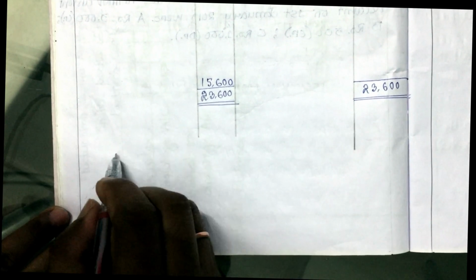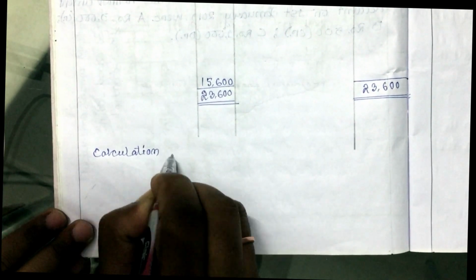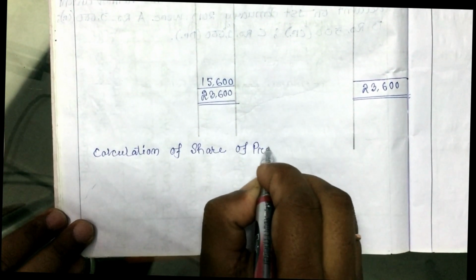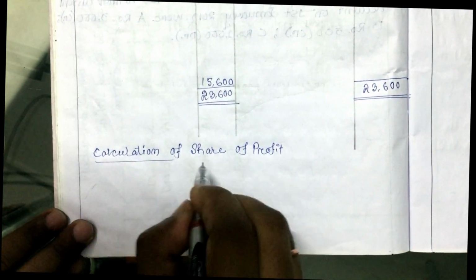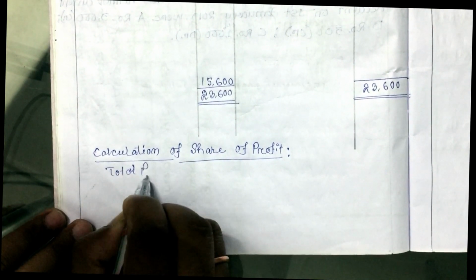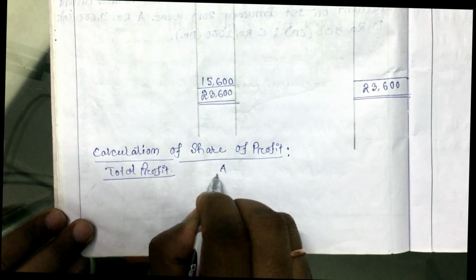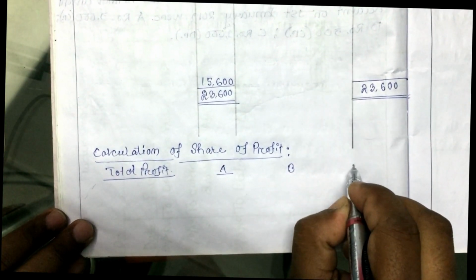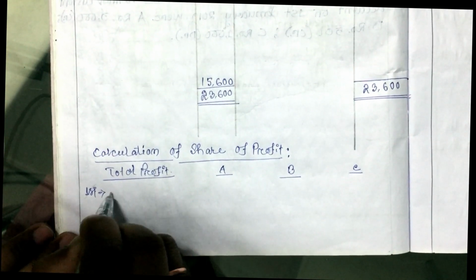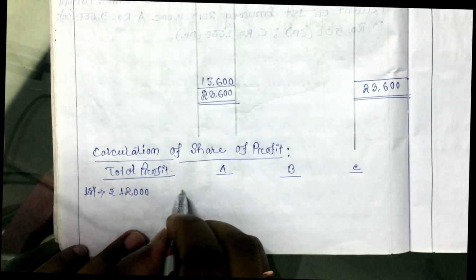Here, calculation of share of profit. Total profit, share of A, share of B and share of C. See, the first 12,000 rupees, as per information, this 12,000 rupees is to be shared by A, B and C in a given proportion.